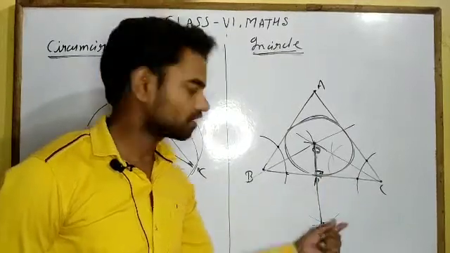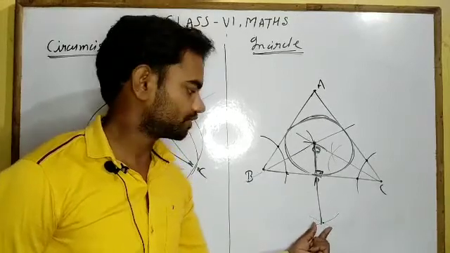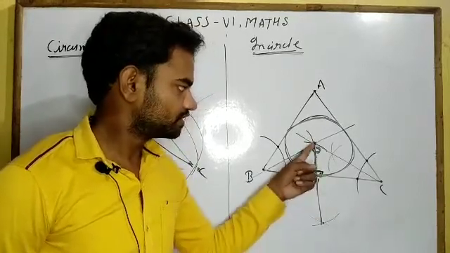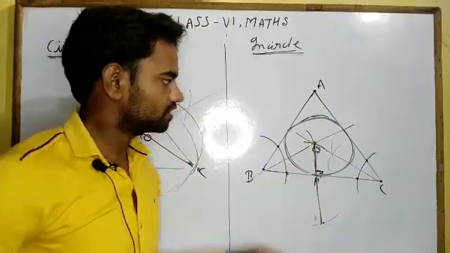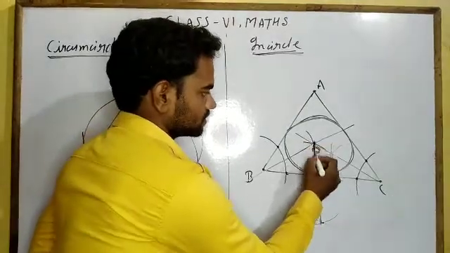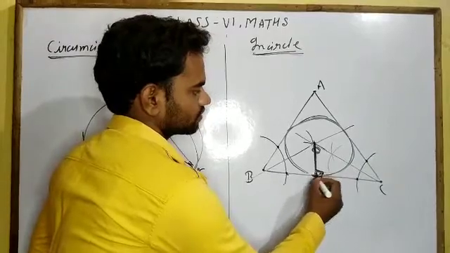Draw two arcs on both sides. Both intersect each other at a point. This point will meet O. Draw the perpendicular from O, and this length OP is the radius of the circle.